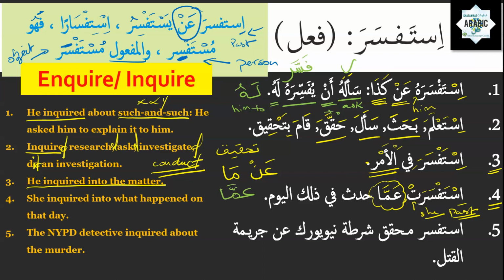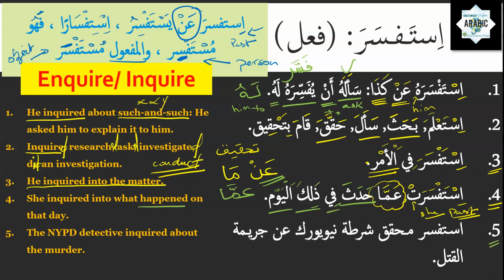So every time you see عما, it means about what, and it's about and what together, عن and ما. استفسرت عما حدث, happened. This is the verb happened. حدث في ذلك اليوم, in that day.